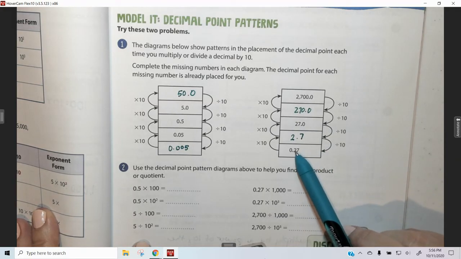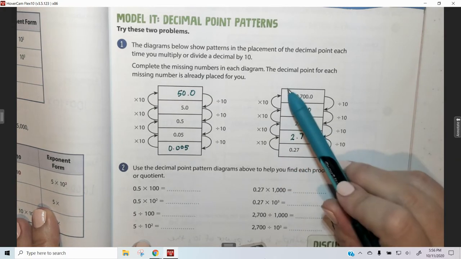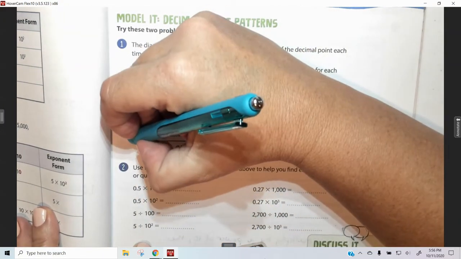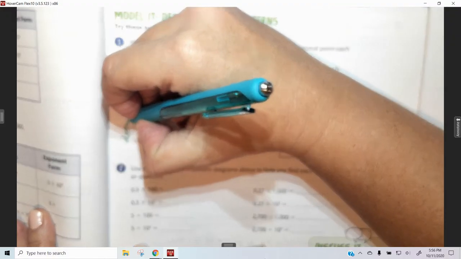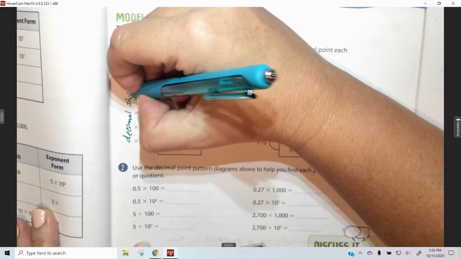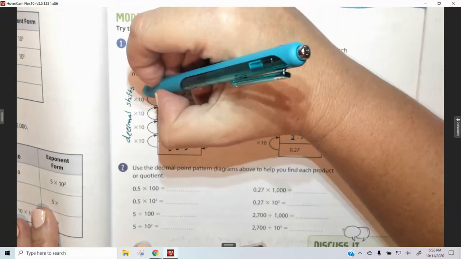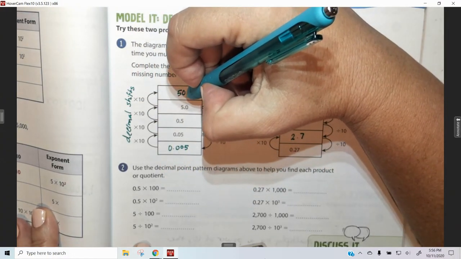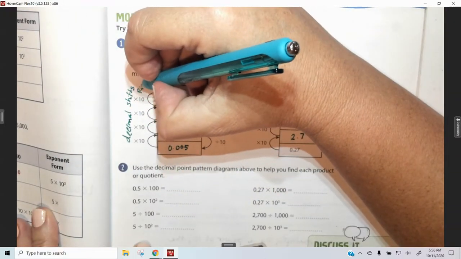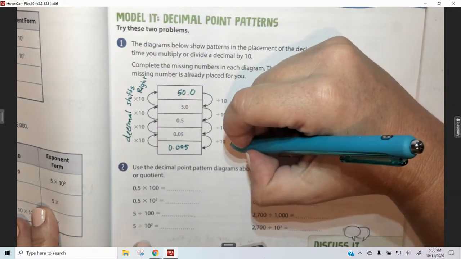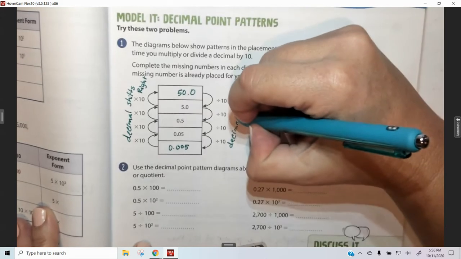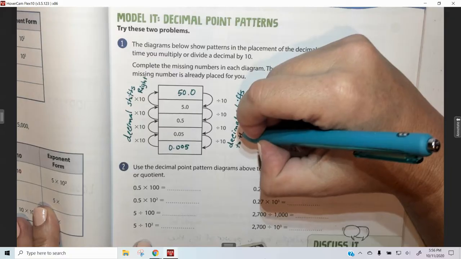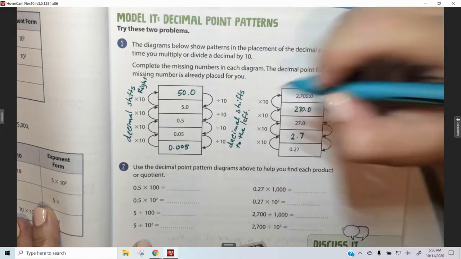Let's just double check that that's right. So now when we're going back up, when we multiply the decimal shifts to the right. When we divide, the decimal shifts to the left.